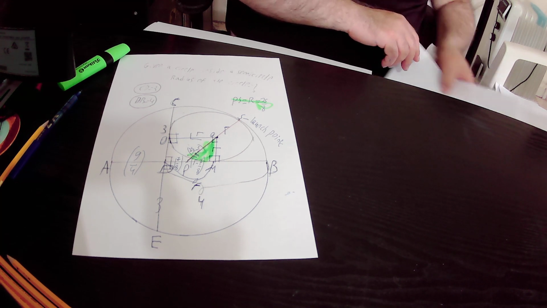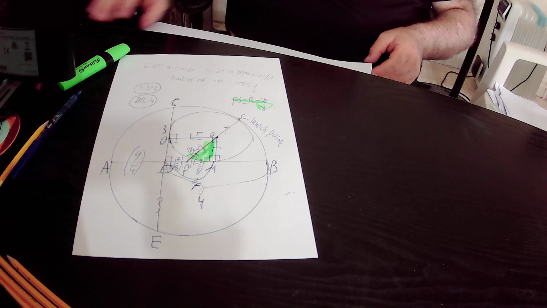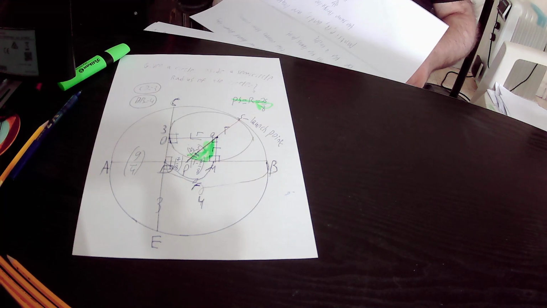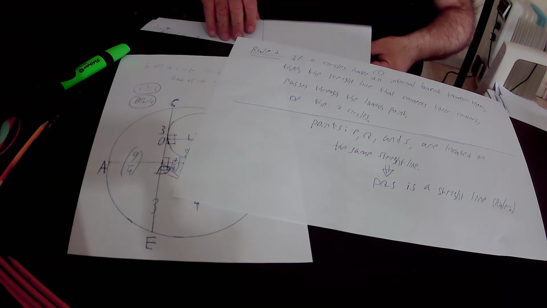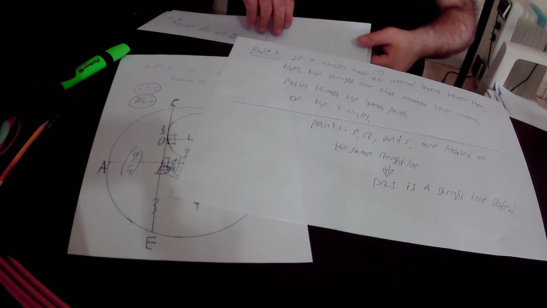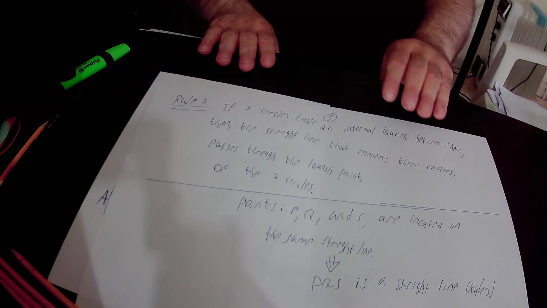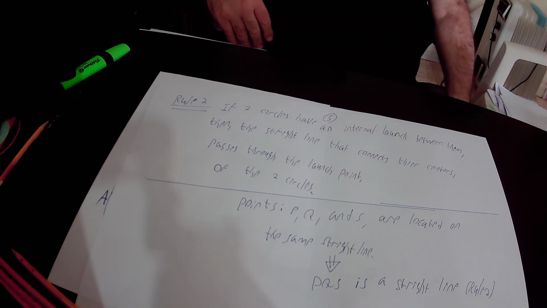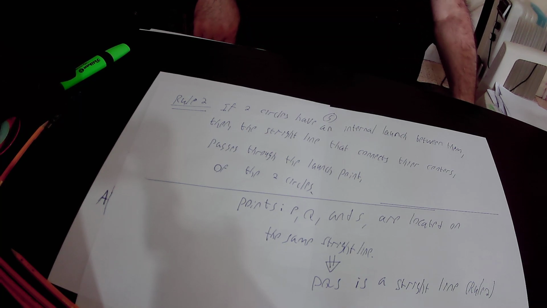Okay, in the next step, I present to you rule number 2. According to rule number 2, if two circles have an internal notch between them, then the straight line that connects their centers passes through the touching point of the two circles.